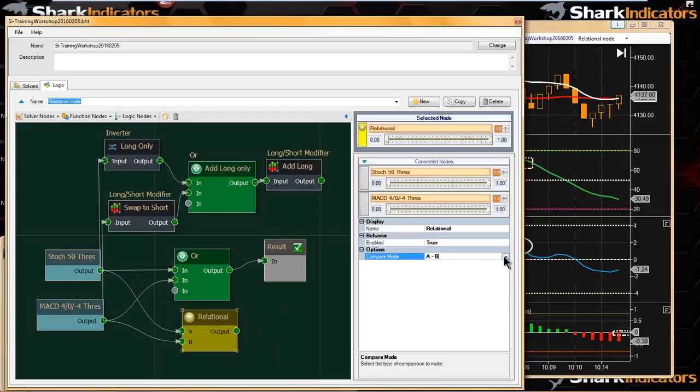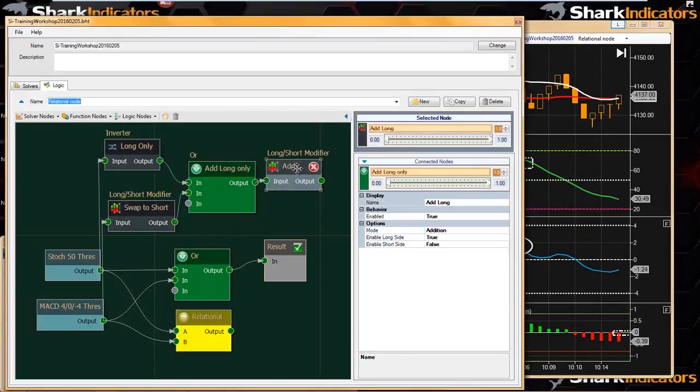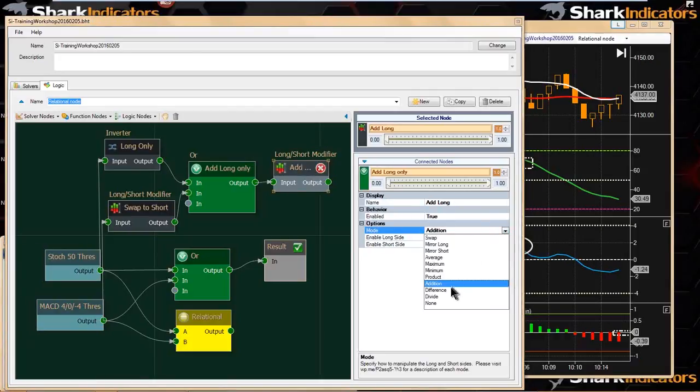So you could do A minus B, or B minus A, or you could get the absolute of A minus B. Or Frank, maybe the difference function here might do what you want to do as well.